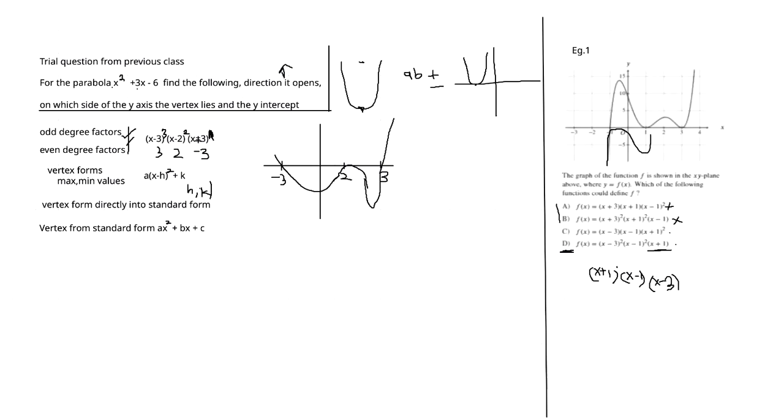So with the vertex form, you can directly get the vertex from it. In this case, (h, k) is our vertex. So k here is the maximum value of the parabola, the maximum value for y, and h here is the value for x at which it occurs.